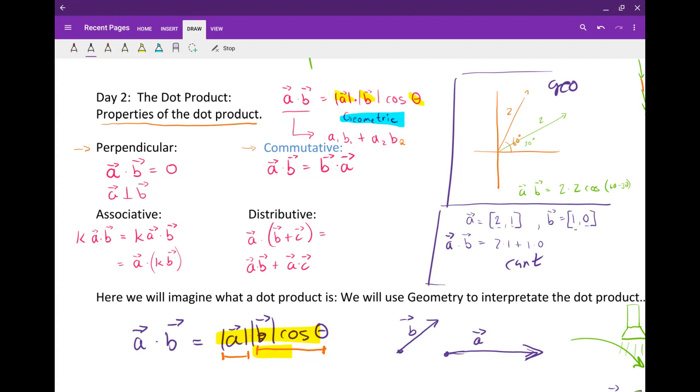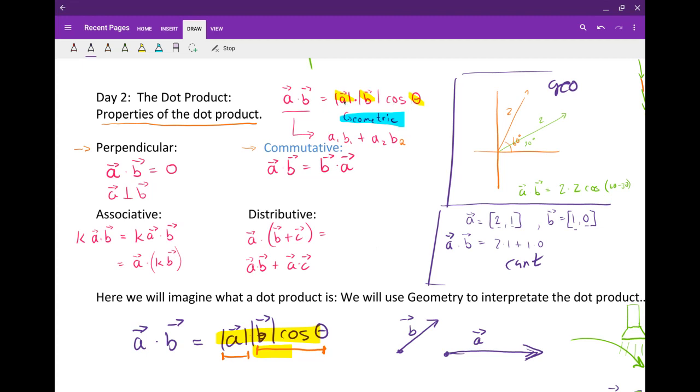Now, back to perpendicularity. One property of the dot product is that if you take two vectors and you dot them and the result is 0, then you can conclude that the two vectors, A and B, are perpendicular. The reason is that the cosine of 90 degrees is 0.